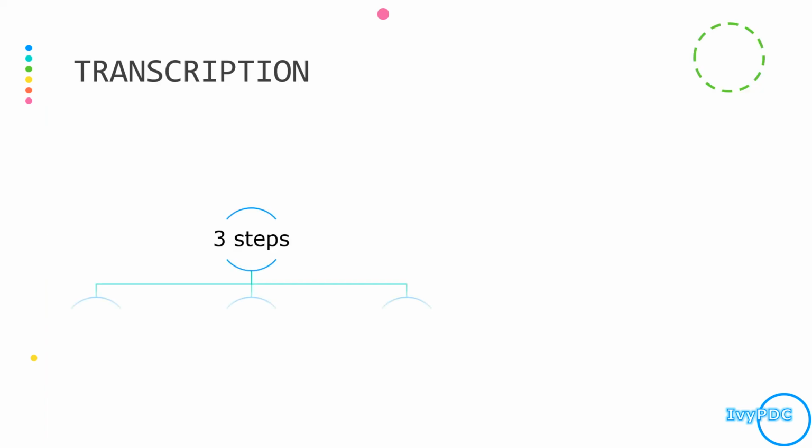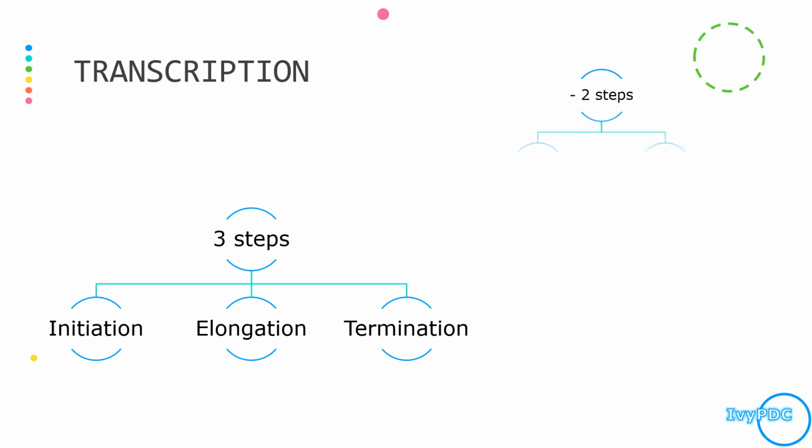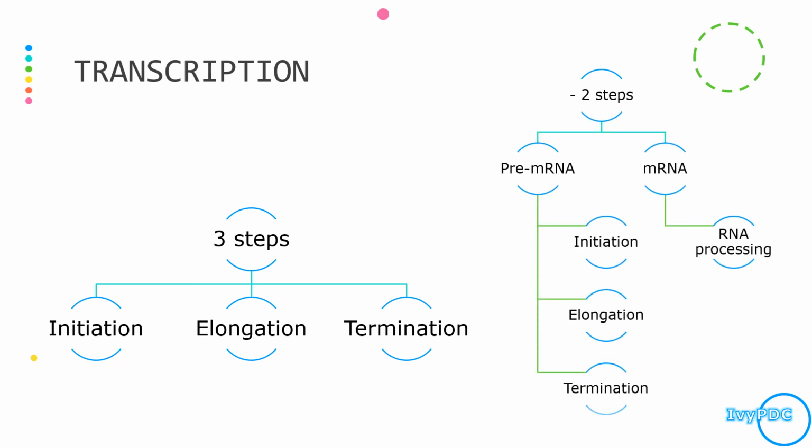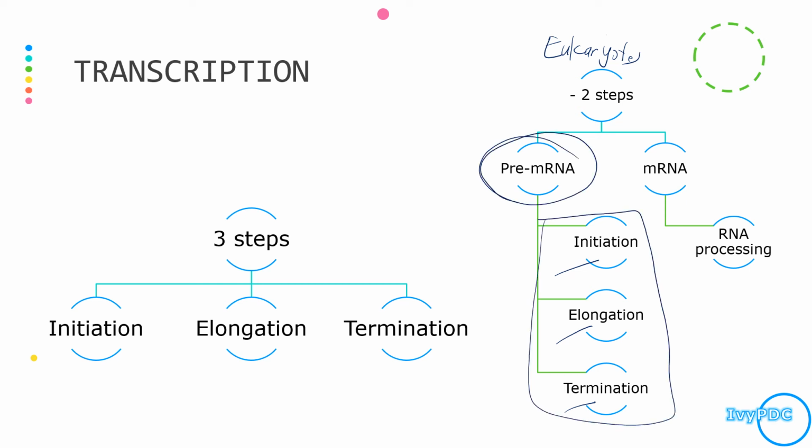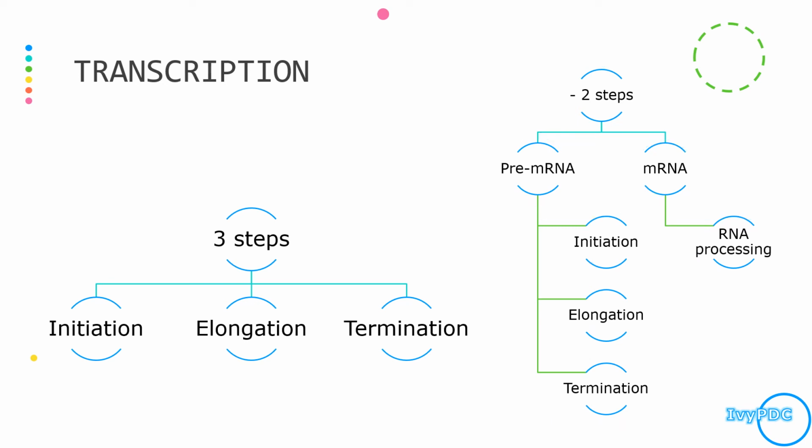Now we are done with the different steps in the transcription process, but as we have mentioned earlier, for eukaryotes, there is another additional step. So we're done with initiation, elongation, and termination, but after these three processes, we have only made a pre-RNA. So we still have another process, which is known as RNA processing, so that we can come up with the final mRNA that would be used in the translation process.